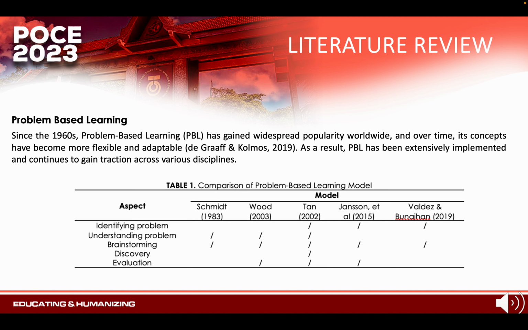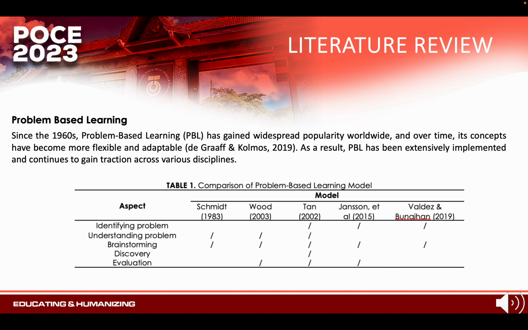So those models are compared according to the aspects that can enhance scientific creativity, such as identifying problem, understanding problem, and whether the model involves brainstorming, discovery, and evaluation. So the table shows that only 10 2002 fulfills the criteria to enhance scientific creativity.